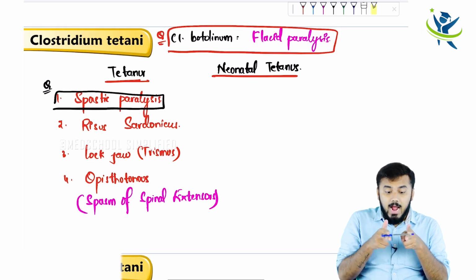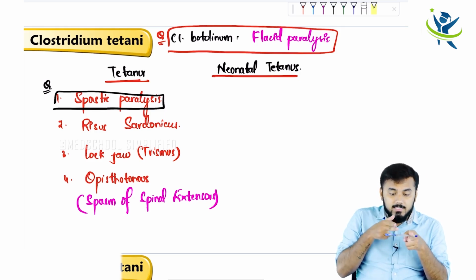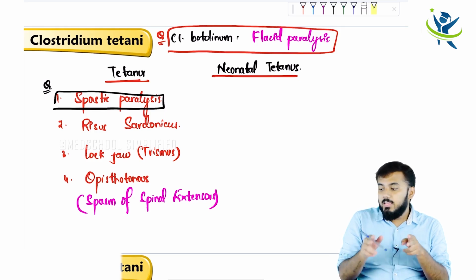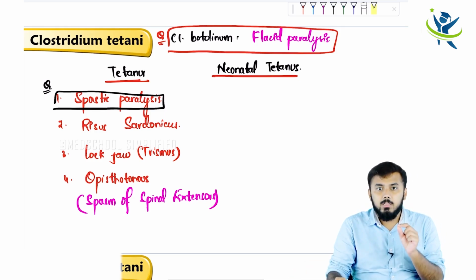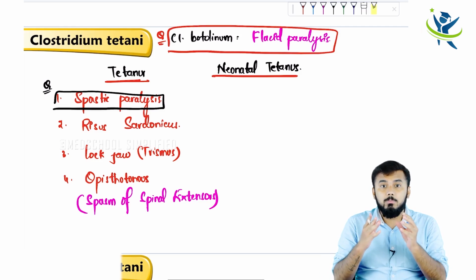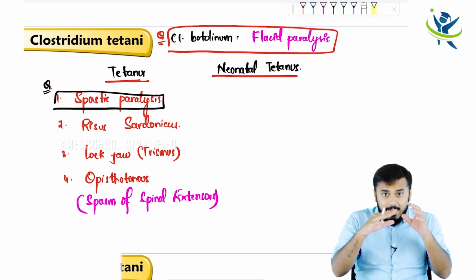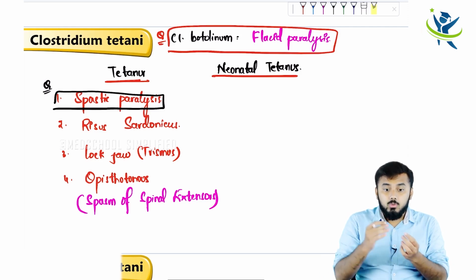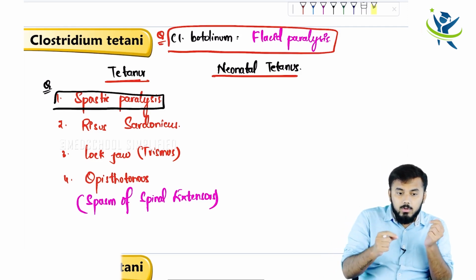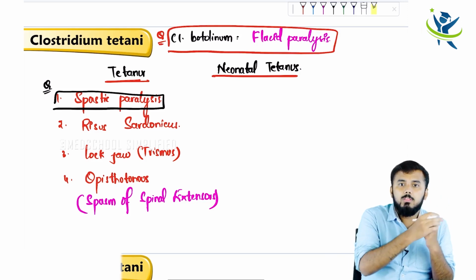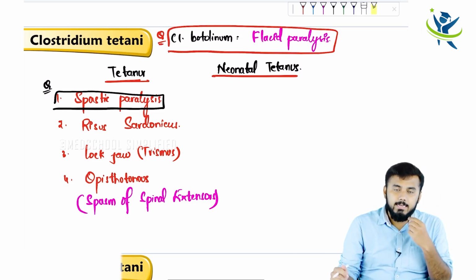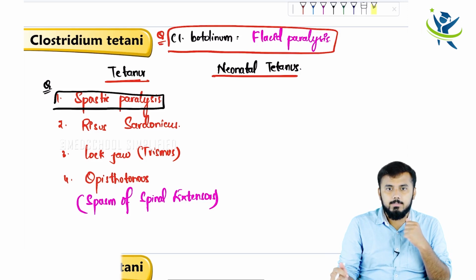If the artery forceps and the scissors they are using to cut the cord are not properly sterilized, Clostridium tetani can sit on that umbilical cord and colonize it. Along with that, the bacteria can enter the baby and cause tetanus, and that is called neonatal tetanus.